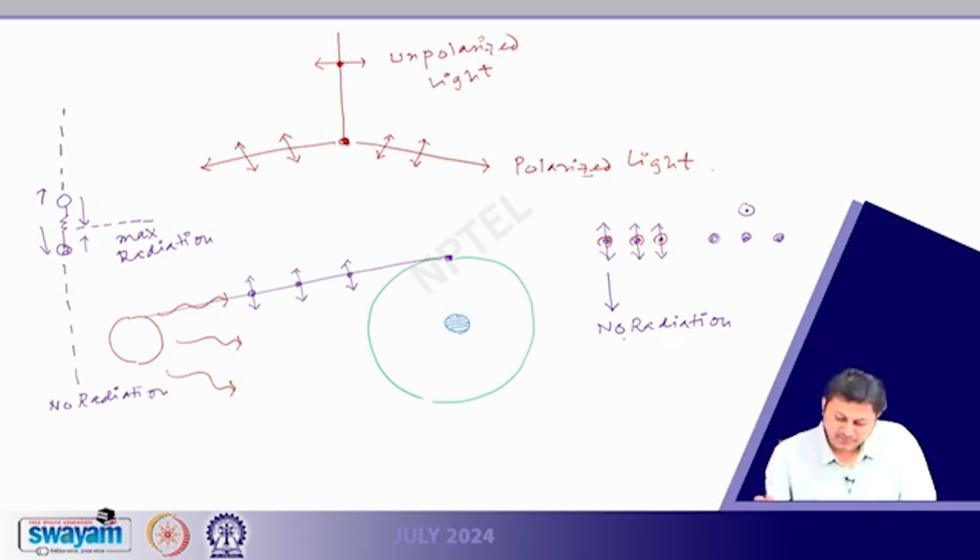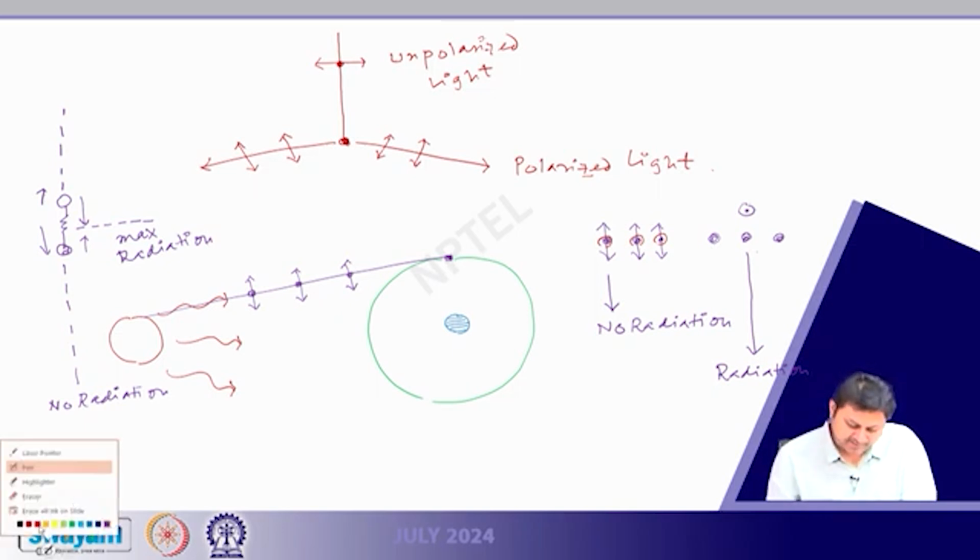On the other hand, when it is vibrating perpendicular to this, there is no problem, we can have radiation for this vibration. So, from here what we see is that the light scattered from this and coming to earth will no longer have this component, only this component will be there.